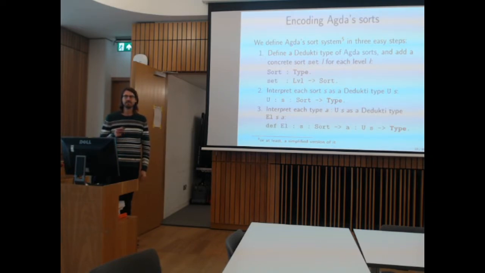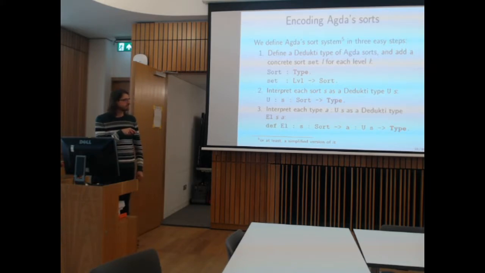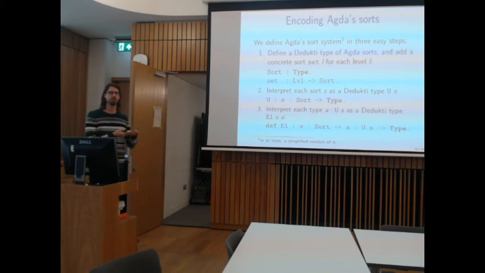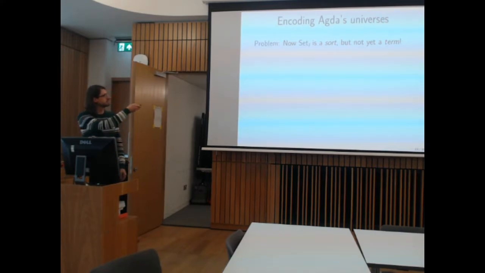This is great, but there's still a problem, right? For each sort, this gives us a deductive type of its elements, but it doesn't yet give us any Agda terms. We just have types, but no terms in them yet. The first terms that we will add are the internal universes: we want set I as an Agda term, while set L is now a sort, not a term.